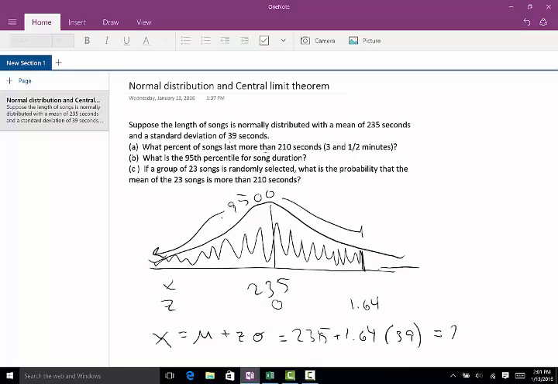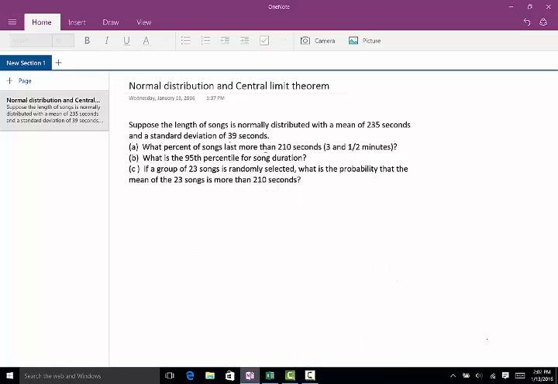I get 299.14 minutes. It's a good idea to put that back in the diagram and make sure it makes sense. Like if you got a value that's less than 235, you know that something's wrong. That's part B, normal backwards.